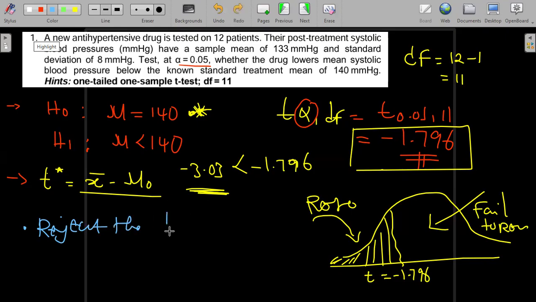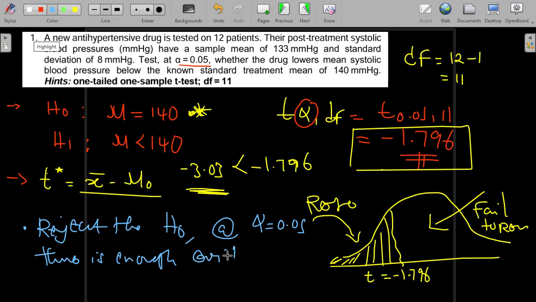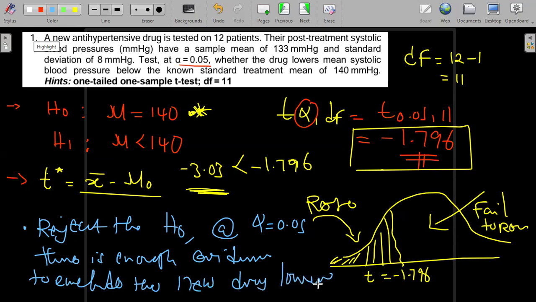We can just write reject H0, and then conclude that at 0.05 significance level, there is sufficient evidence to conclude that the new drug lowers the mean systolic blood pressure.